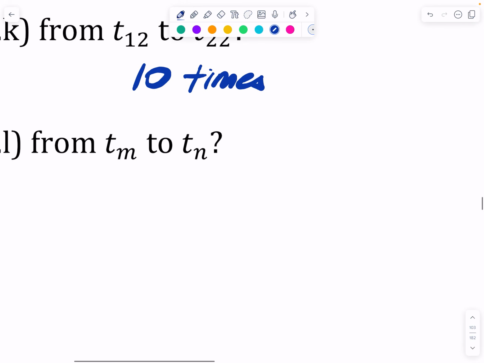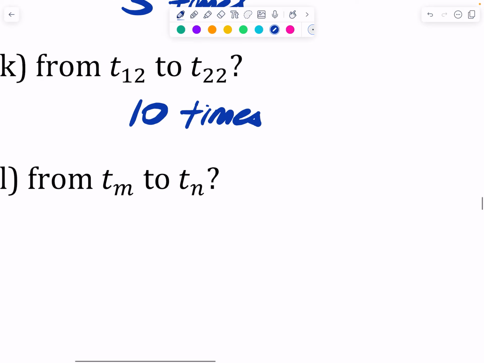And to go from term m to term n, well, just as we took 22 and subtracted 12, we're going to take n and subtract m. Writing it in this way essentially gives us a way to link any two terms in an arithmetic sequence.